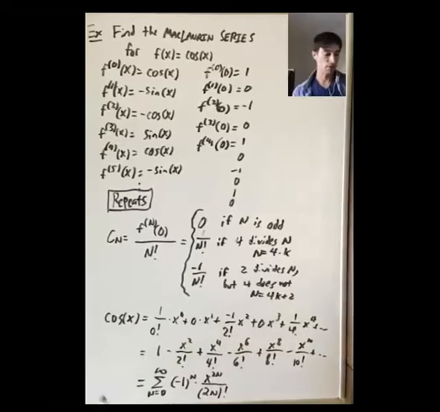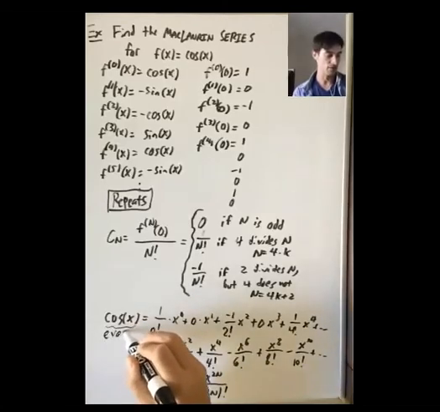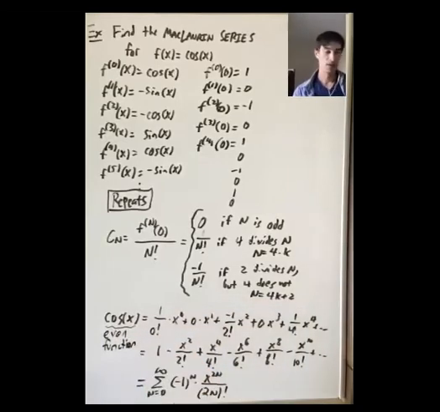So let me just point out something here, which is we know that cosine of x is an even function. Right? Cosine of x equals cosine of -x. And this series over here is also even. If you put in -x in terms of x, you're getting exactly the same series. So that's good.